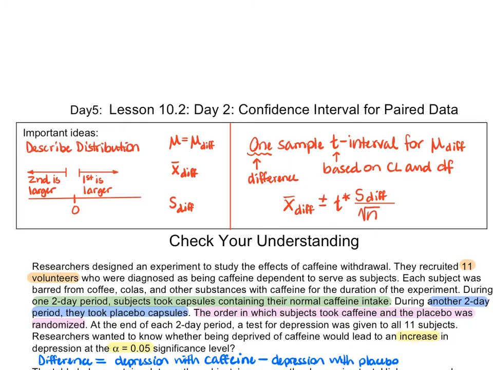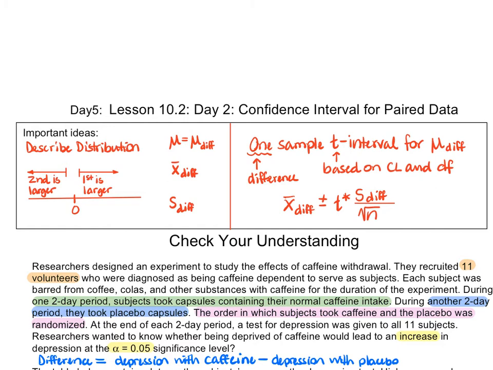As we read through that, I hope you saw that each individual is going to be their own control group because they are going to have both treatments conducted, and in each case they're going to record their level of depression. What's randomized is the order in which each of the 11 subjects gets the treatment. So the first thing that you're going to do, you need to establish the direction. Which group are you subtracting from which?